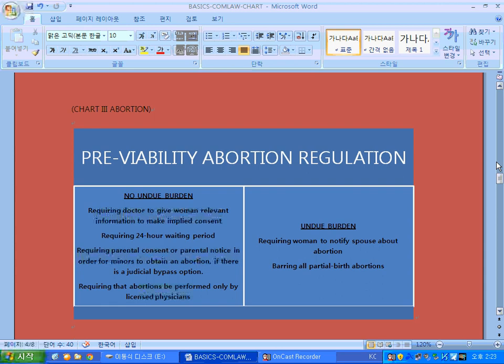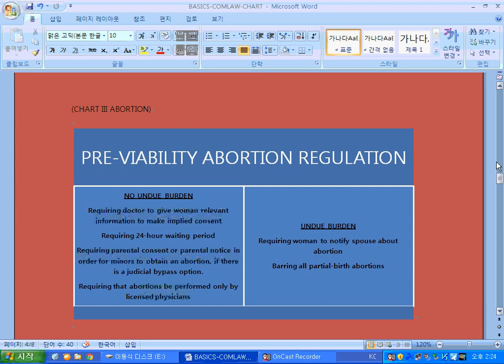If there is no undue burden, the law requires the doctor to give a woman relevant information to make an informed consent. And the law also requires a 24-hour waiting period.